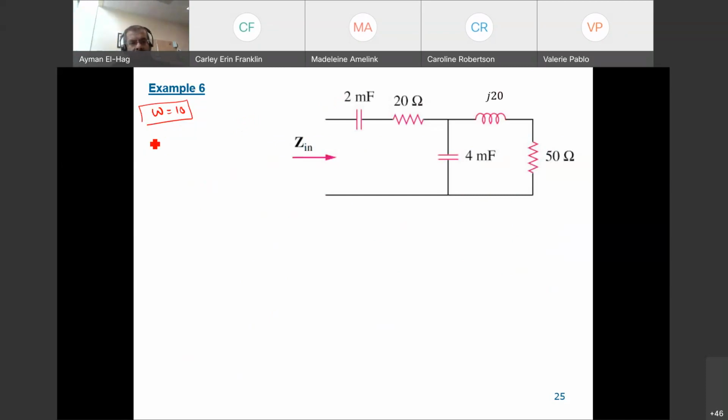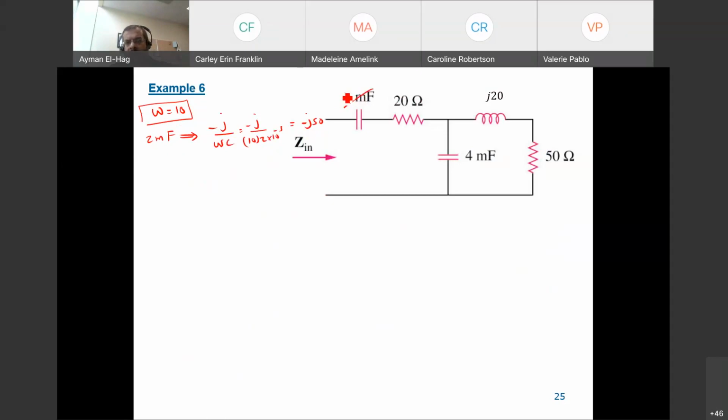So the 2 millifarad is equal to minus j over omega C, equal to minus j over omega is 10 and C is 2 times 10 to the minus 3. So this becomes 10 to the minus 2, 100 over 2, so this becomes minus j50.